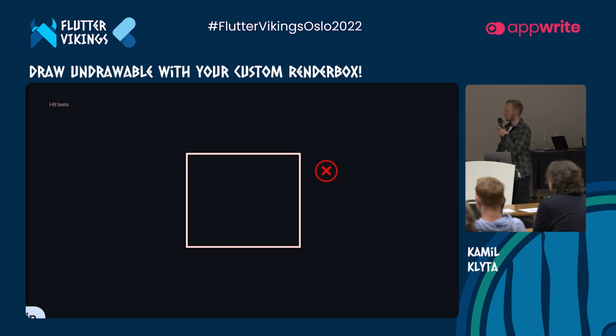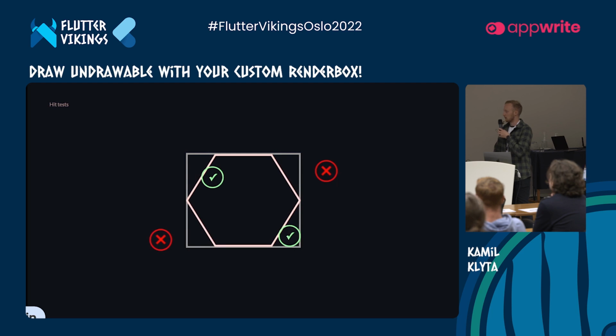So this is like a miss. So this is a hit, this is a miss, and this is a hit. And this thing is much more complicated for different shapes. So for example, for our hexagonal button, the corners should be marked as a miss also. So hit test is very important in this scenario, and we should think about it.